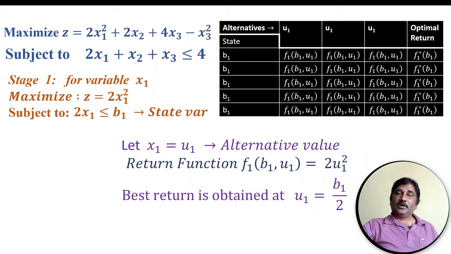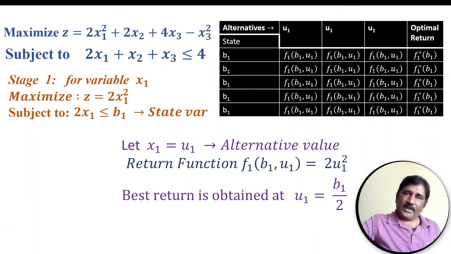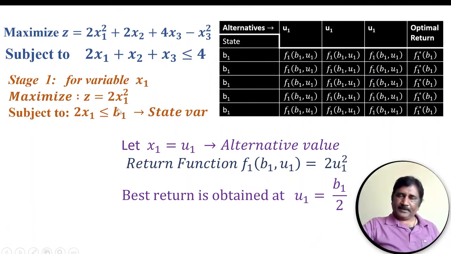How much value of the alternative variable u1 can we take? Now we know that x1 is u1, so 2u1 is less than equal to b1. So the limiting value of u1 will be b1 by 2, right? More the value of u1, more will be the value of the objective function, right?